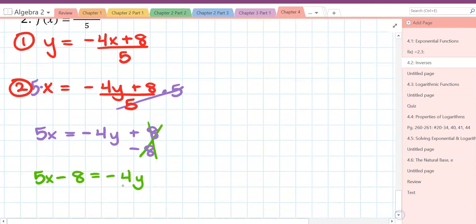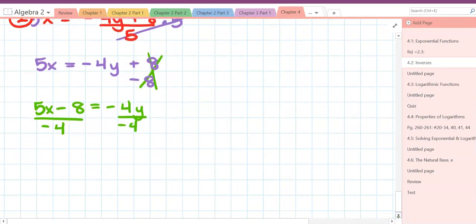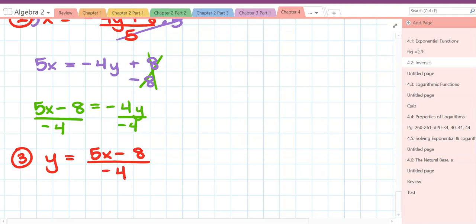Good, divide by negative 4. Okay, so I'm going to flip it around again like I've been doing. So it says y equals 5x minus 8 all over negative 4. Okay, and then last thing is to switch it out. So it says f prime of x.